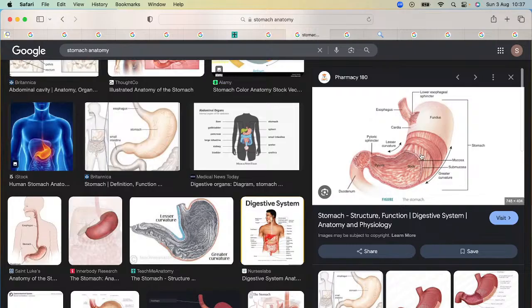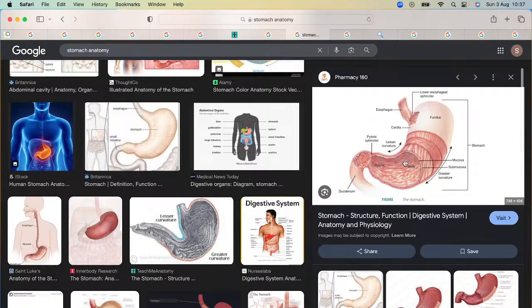So 3 layers: the internal oblique layer, the circular layer of muscles, followed by the most external one, the longitudinal layer of muscle. Okay, so that's a distinguishable point there.